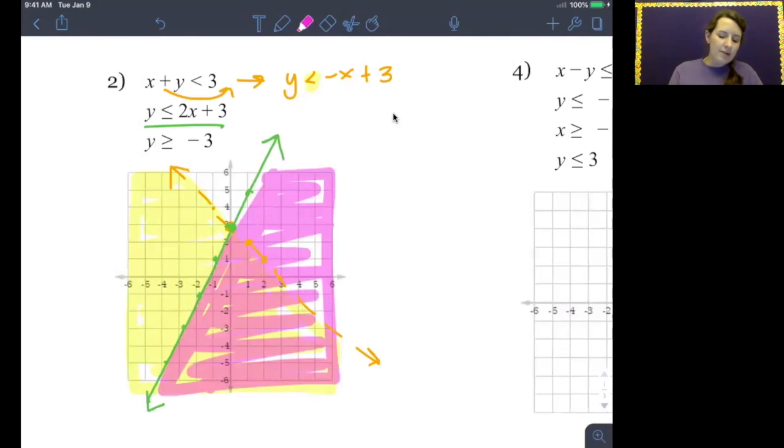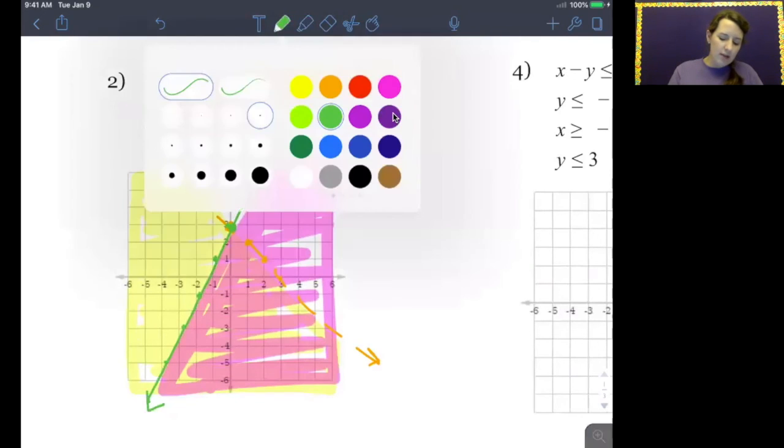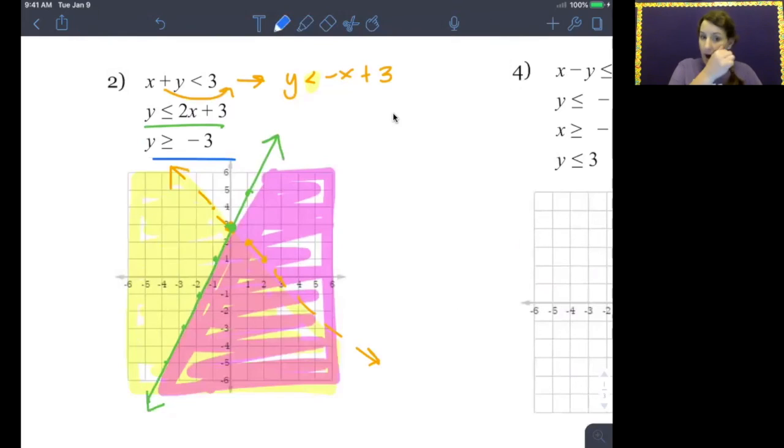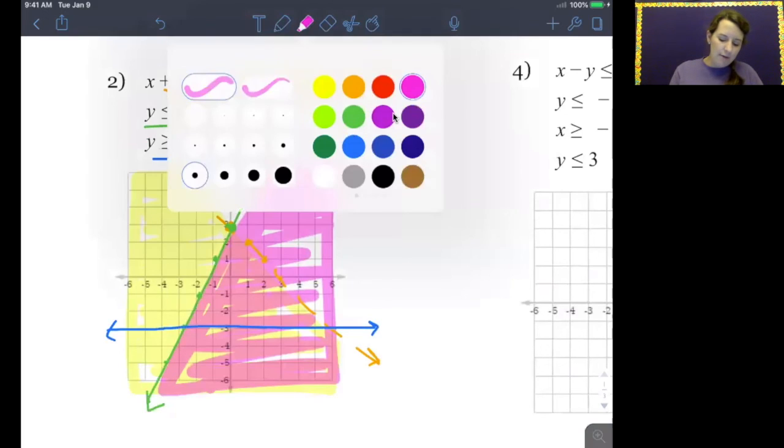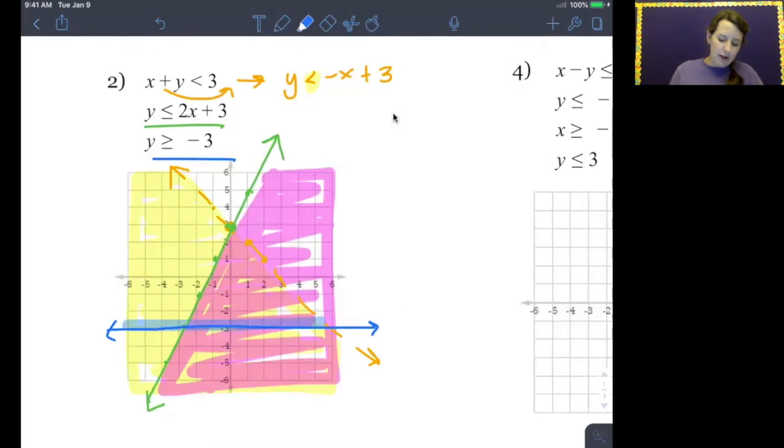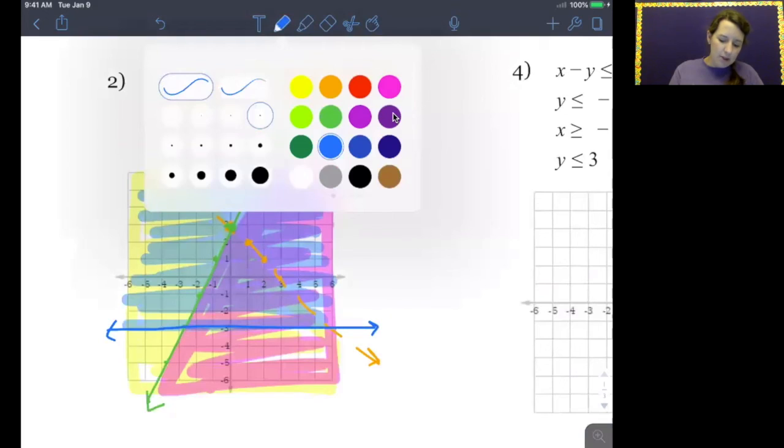And then my last line is actually just going to be a horizontal line through y equals -3. And it's going to be solid because it's greater than or equal to. We've got that underlined. Okay, so there's y equals -3, and we want to shade above because it's greater than or equal to. So here, our solution set is only going to be this portion.